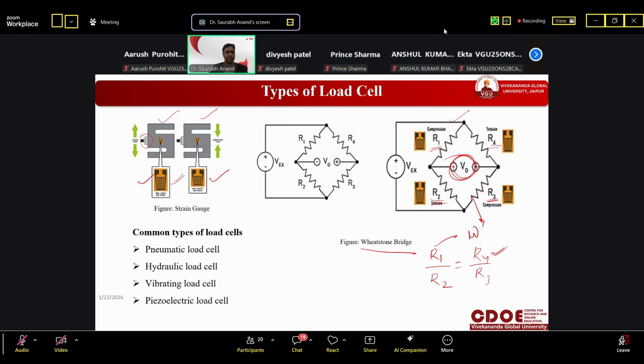Okay, so common types of load cells are pneumatic, that is air based, hydraulic, that is liquid, vibrating, which means vibration is measured, and piezoelectric. Piezoelectric effect, I am giving you one example. This is the quartz crystal. Do you know quartz?